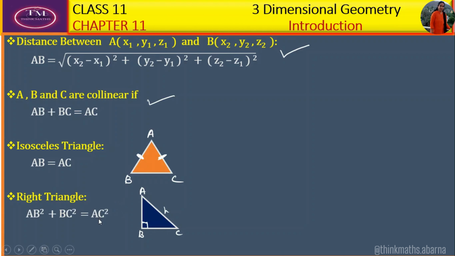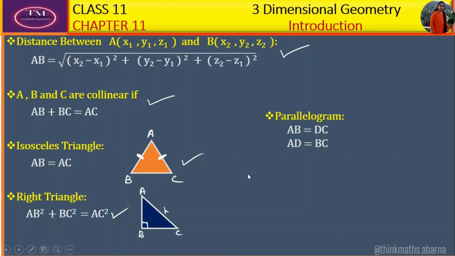So AC square should be equal to AB square plus BC square, which is called the Pythagoras theorem. So you have to find the distance and take the square. Square means the root gets cancelled. So find AB square, find BC square, add them, and it should be equal to AC square. If this condition holds, then these points form a right angle triangle. Clear? So we have to learn all these four formulas.